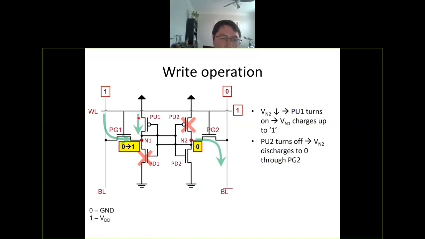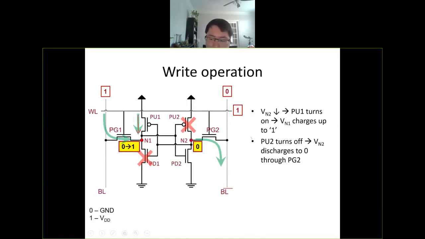So you have additional current here. This is additional current to charge the N1 node. So N1 node will keep increasing further. So the N1 will eventually change from 0 to 1. But at the very beginning, this N1 will increase a little bit to that V prime, as we discussed earlier. It will not increase anymore until this N2 becomes 0, and then you turn on this PU1. You have additional current to charge, so this N1 will keep increasing, eventually to the 1. So that is the process of the write operation.